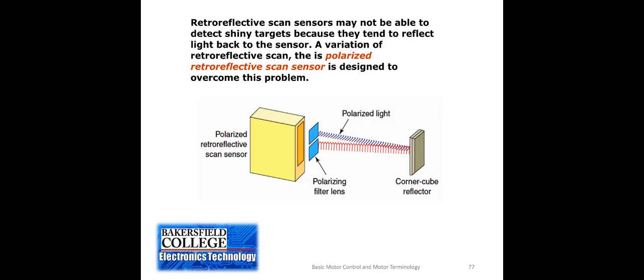Or if we have other situations where we have multiple ones of these close by, we don't want light from one of them to bleed into the other one. So we can use those polarized filters to make sure that we are accurate. Now, if you're replacing one of these, you need to make sure that you take the filters from the old device and put them on the new one.